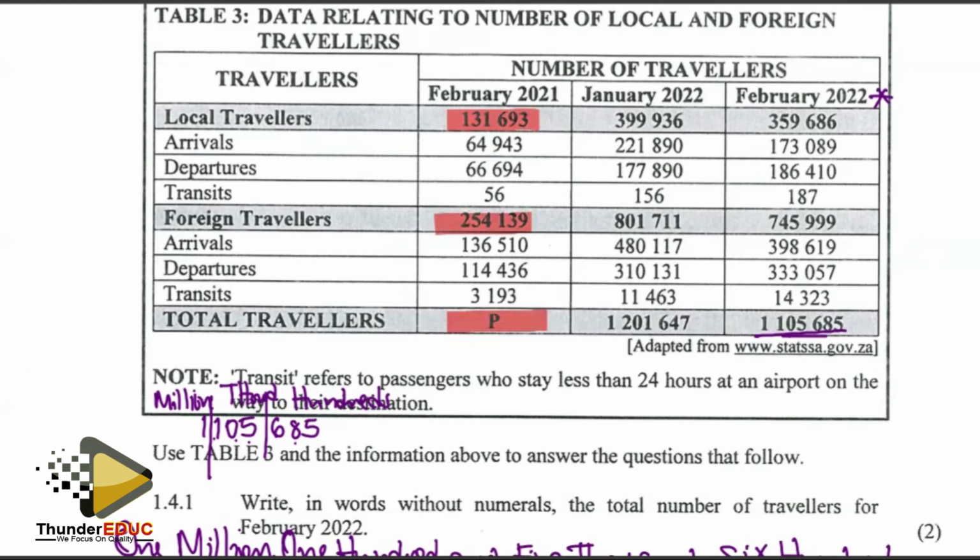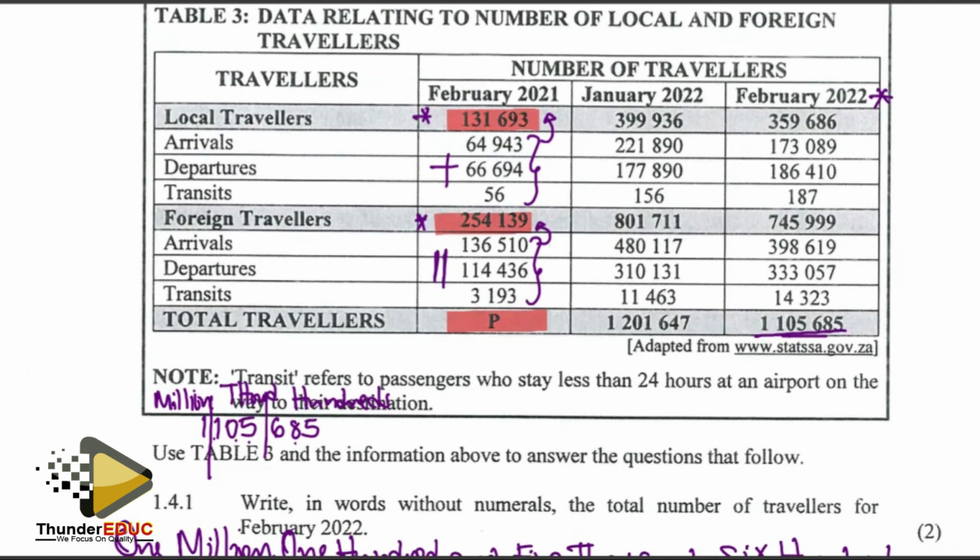So we're going to add these two, and they give us that other answer there. Why? Because when you add this, you get this. And when you add this, you get this. Simply meaning the local travelers plus the total number of foreign travelers, you add them, you get the total.